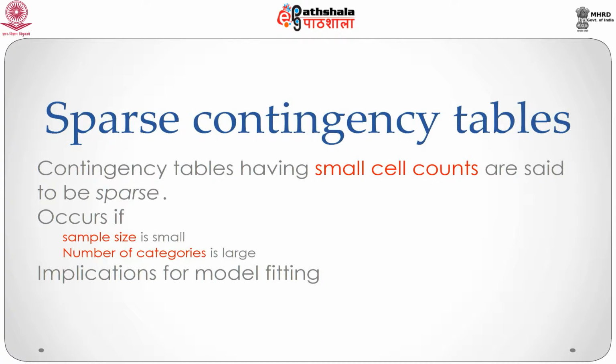A sparse contingency table occurs when some of the cell counts are small. Small cell counts can occur in two situations. Firstly, if the sample size itself is small, and secondly, if the sample size is large, but the number of categories is also large.